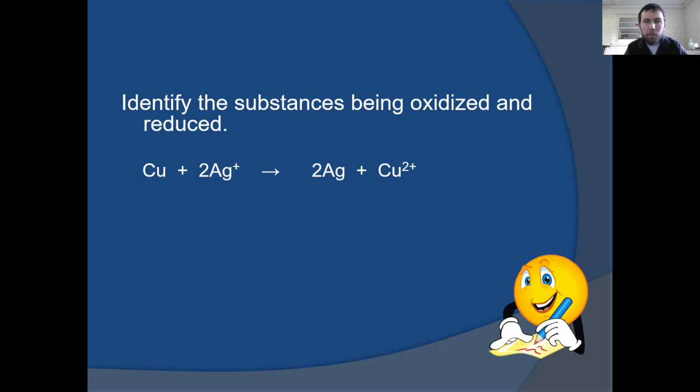Now, another real quick example with oxidation numbers. You need to identify the substance being oxidized and reduced. This one should be pretty straightforward. You've got 2 elements, and then you've got 2 monatomic ions. So the elements all have oxidation numbers of 0, and your ions have the oxidation state of their charge.